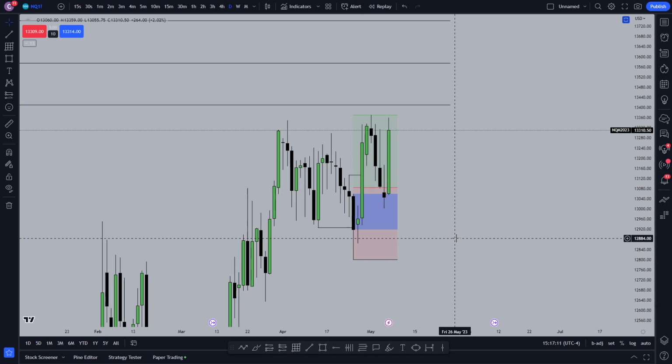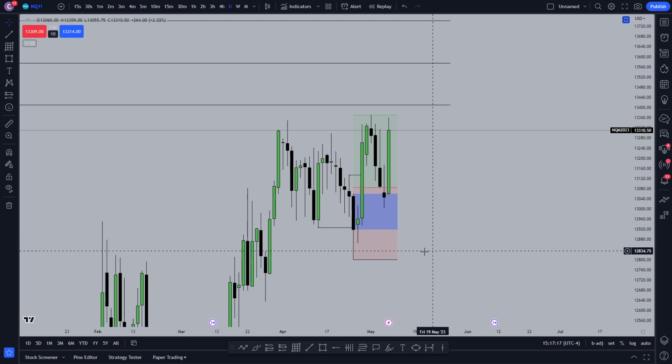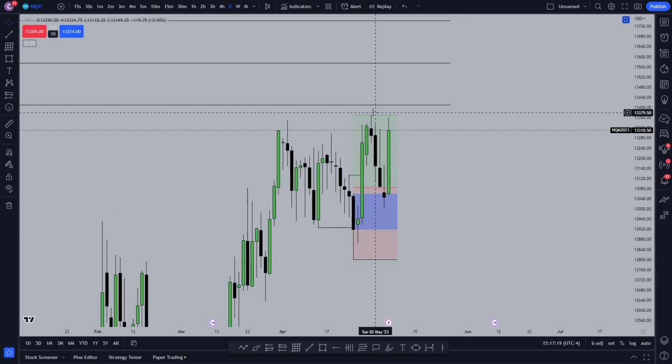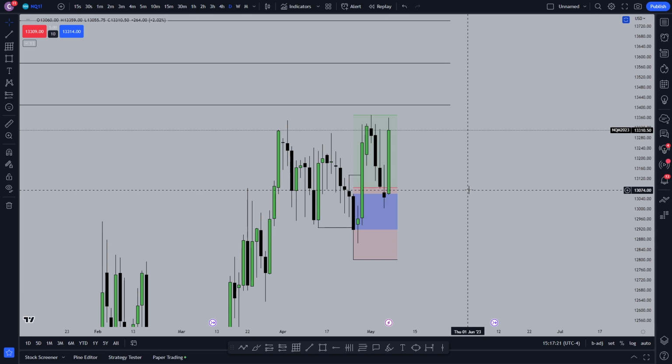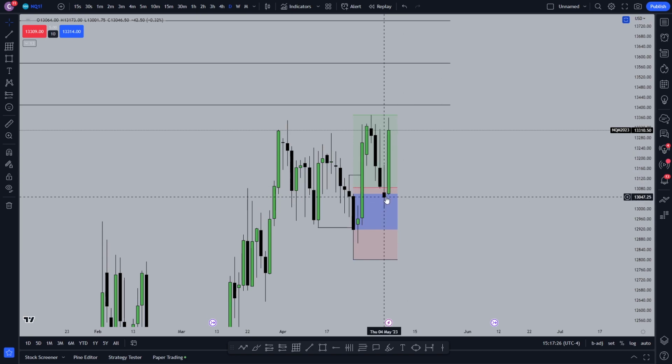And then once we get that market structure shift, we wait for price to start retracing, get our swing from the low to the high, and then we look at a 50% premium discount of that range. Once price comes into our PD array, we look at Forex Factory or whatever news source you look at, and we look if it's high or medium impact news.